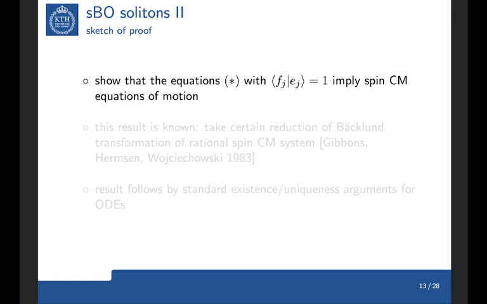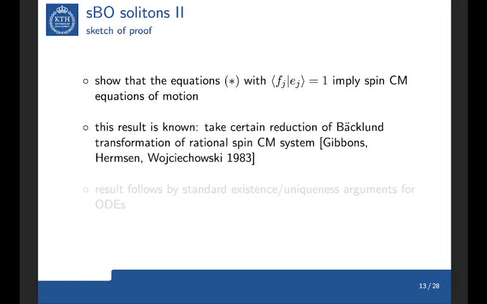And in fact, the result we need to do so is known. We just need to take a certain reduction of a known Bäcklund transformation of the rational spin-CM system, which is due to Gibbons, Hermsen, and Wojciechowski. And then after this, the theorem stated on the previous slide will follow by standard existence and uniqueness arguments for ODEs, which I won't go into the details of here.